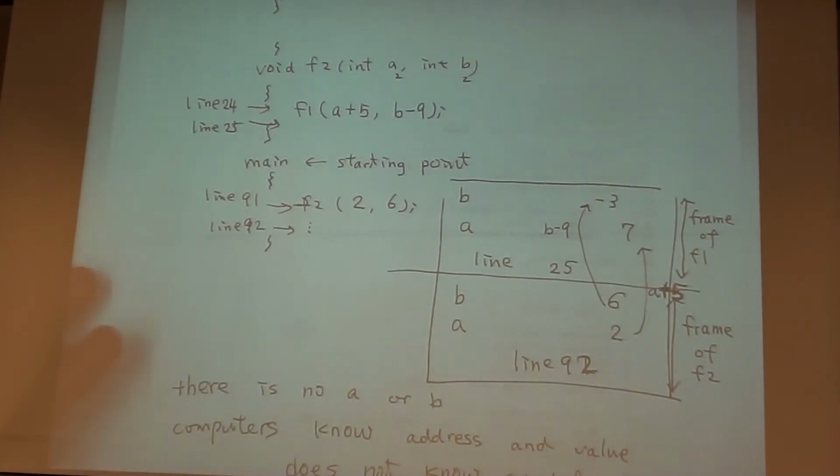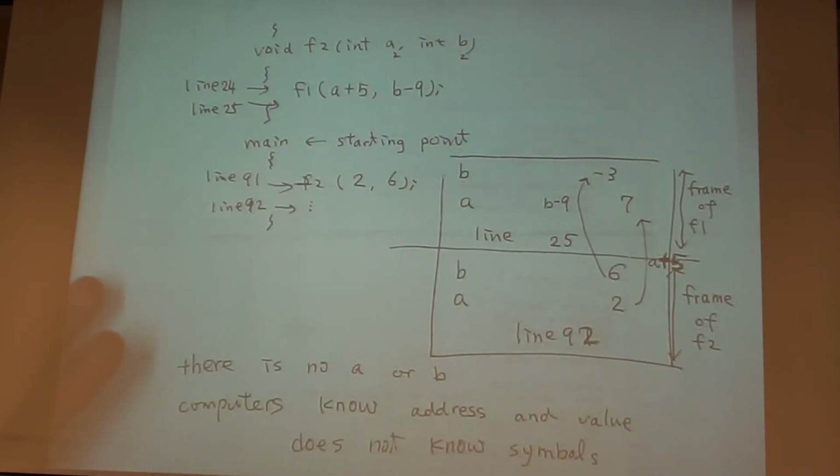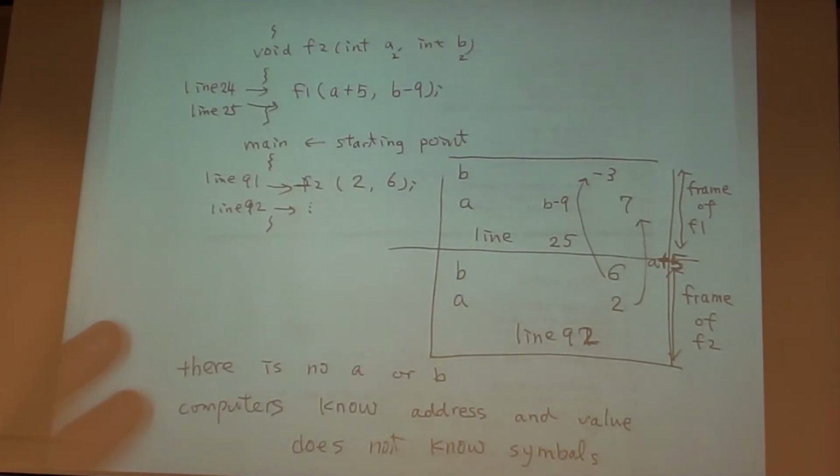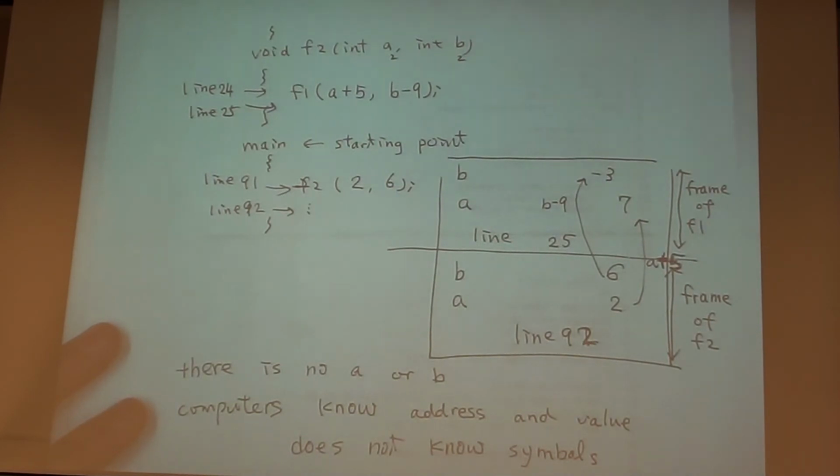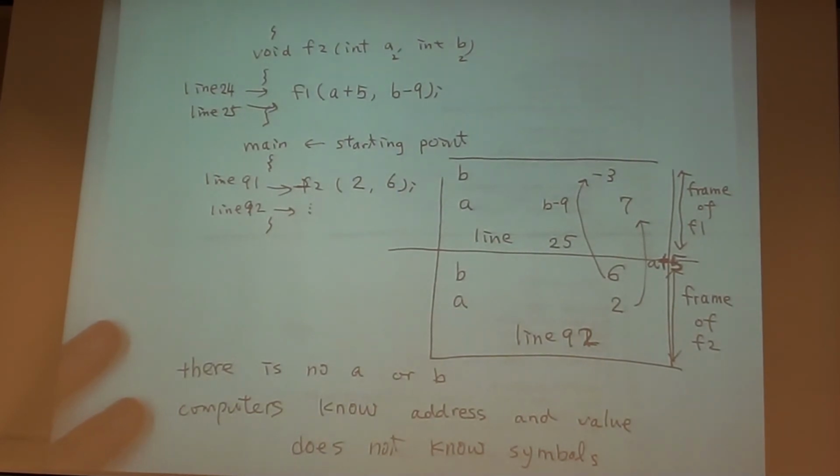Computer does not know A and B. GCC takes out A and B completely. When your program gets compiled from your C code to an executable, A and B are all gone. Of course, when you need to debug, there's a mapping table back. But computer programs do not have A and B.